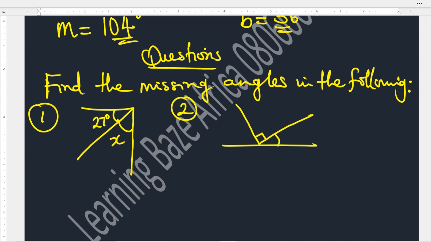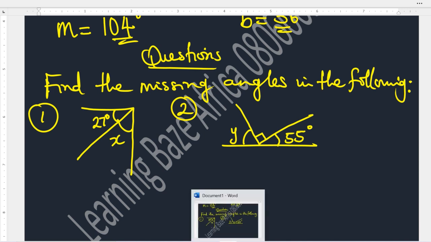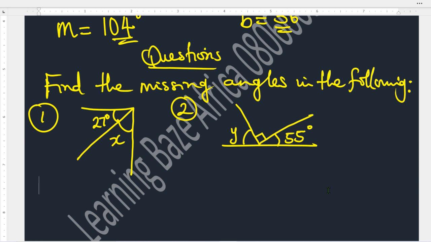I'm looking for that smart student. So what is the missing angle?